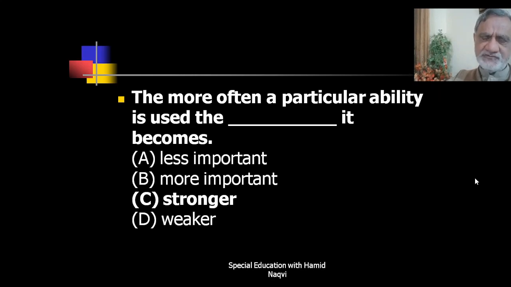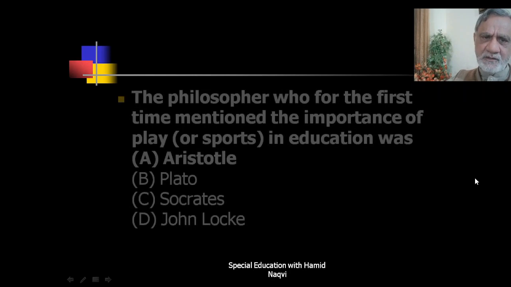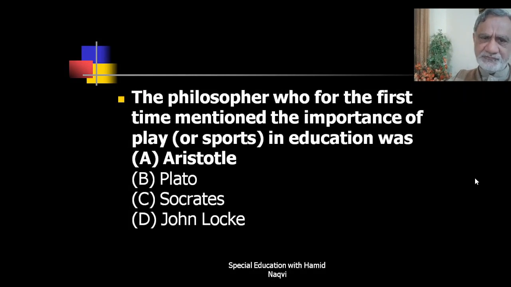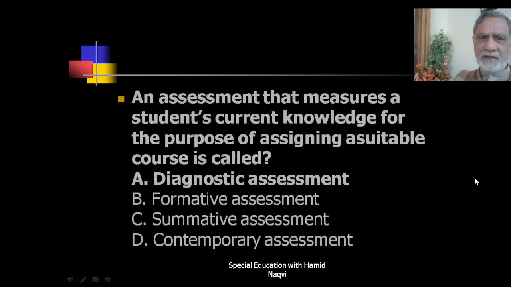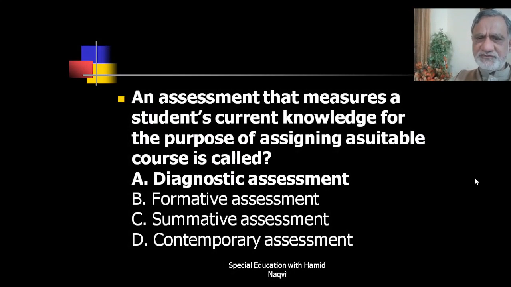Correct is C, stronger. The philosopher who for the first time mentioned the importance of play or sports in education was Aristotle. An assessment that measures a student's current knowledge for the purpose of assigning suitable course is called diagnostic assessment.